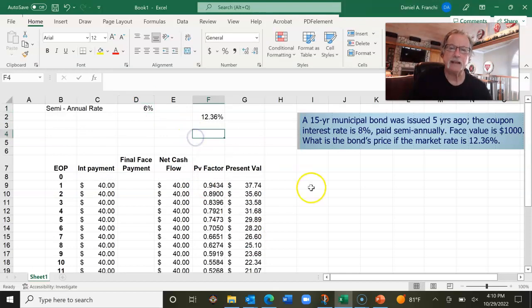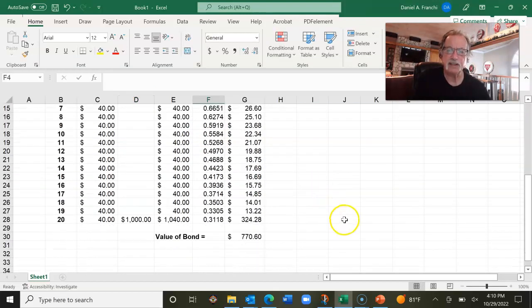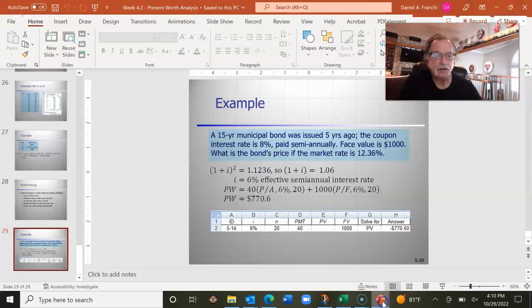So if we go back, I'll post this Excel spreadsheet underneath the video, and we've already got these slides. They're in the present worth. But the value of the bond is $770.60 because rates have gone up. Now think about what that means. We issued a 15-year bond.